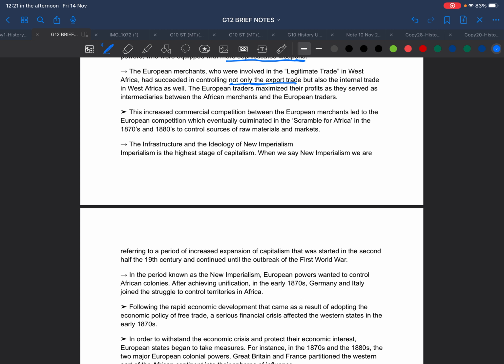The European traders maximized their profits, meaning that they gained lots of profits, as they served as intermediaries between the African merchants and European traders, acting as a bridge, as brokers in between.